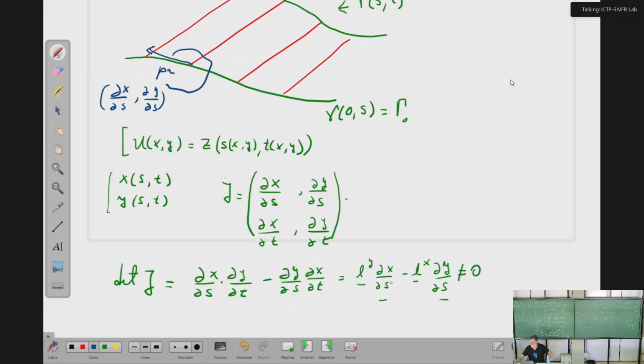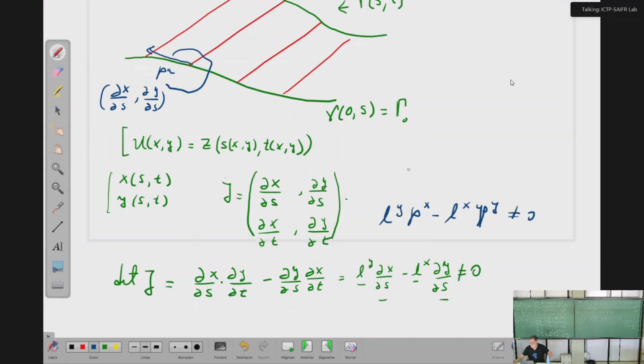What we are saying is that this equation says that Ly Px minus Lx Py should be different from 0.